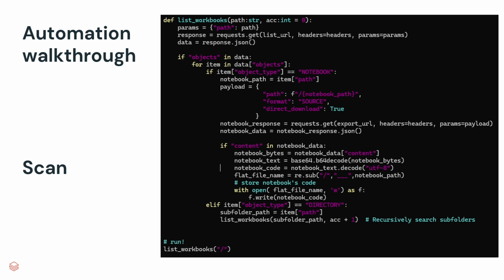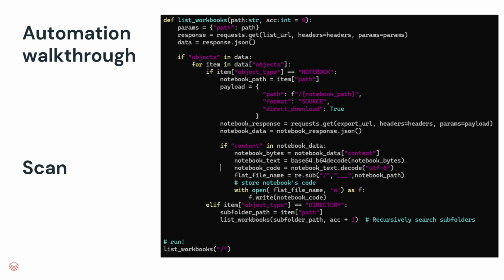So back to here. Very simple code to work through. The list function takes the set up parameters and gets a list of objects. It returns an array. These are all the objects. We're only interested in two types of objects: notebook and directory. If it's a notebook, we do something with the notebook. If it's a directory, great, we call ourselves again with a little longer path. What happens if it's a notebook? We call another API. All these APIs are listed.